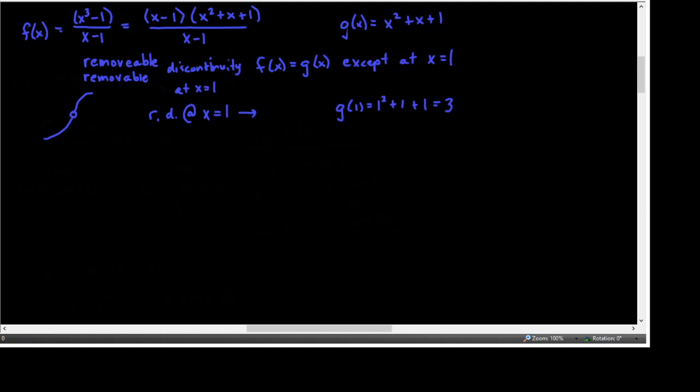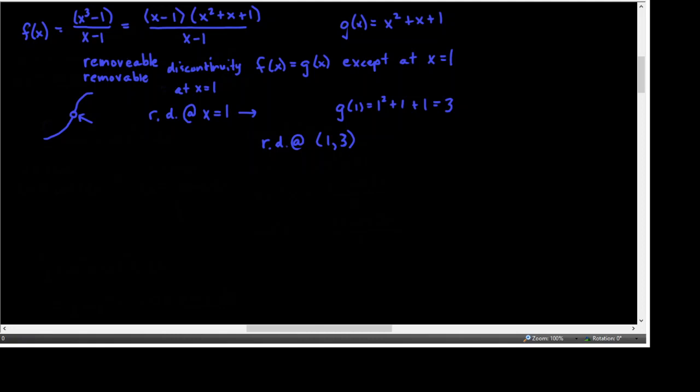Now that we know the y value for the g function when x is 1, it's more proper to say the removable discontinuity is at the point (1, 3). That would be the coordinates of a particular point where there's an open circle. When you have a removable discontinuity, it's proper to give the coordinates of the point where the hole is located.